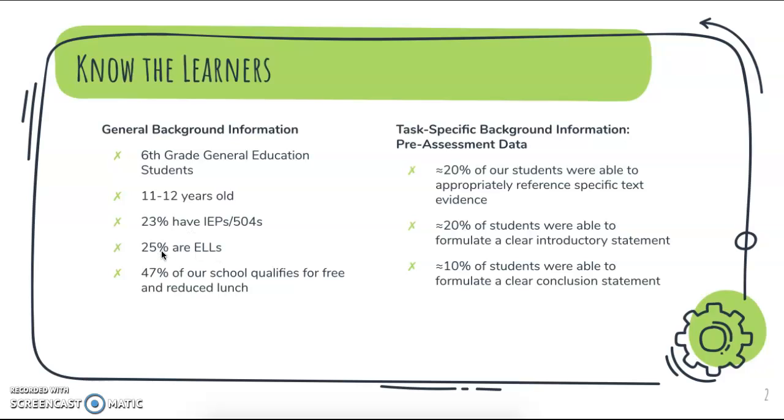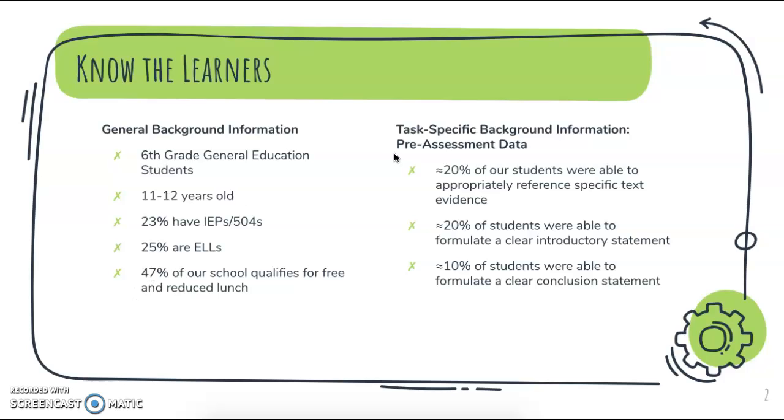A lot of those overlap. The students, again, are 11 to 12 years old since they're in 6th grade, and our school is almost 50% qualified for free and reduced lunch. So there are a lot of haves and have-nots in our district.